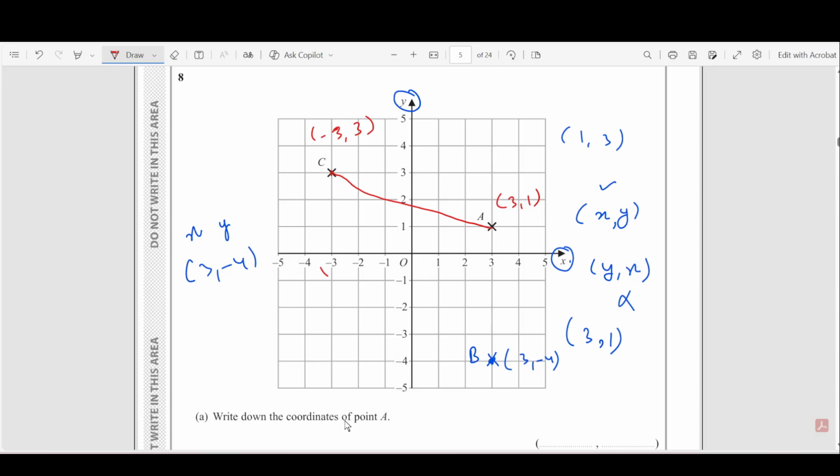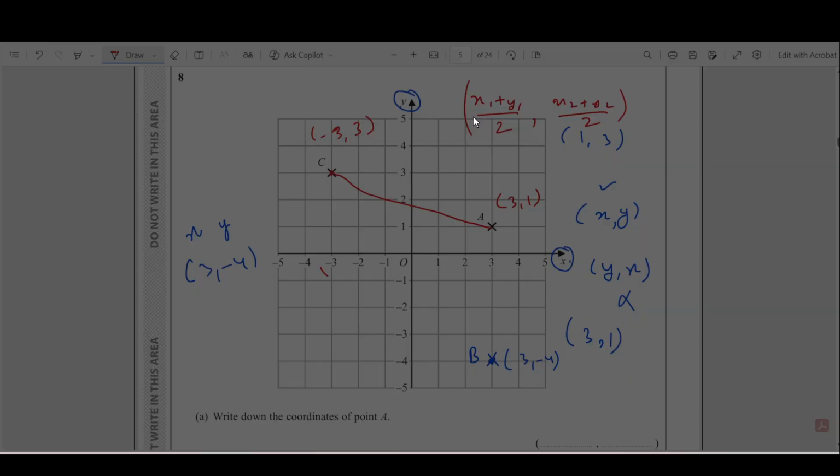So the formula to find the midpoint is x1 plus y1 over 2, comma x2 plus y2 over 2. So we just need to add them and basically divide by 2, right? So let me just erase it.